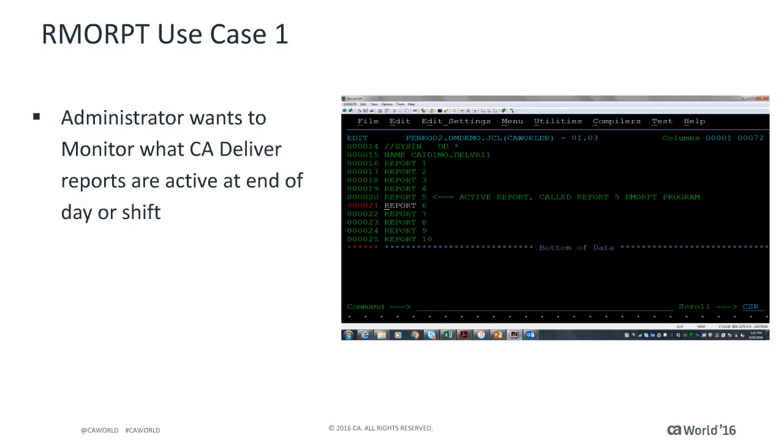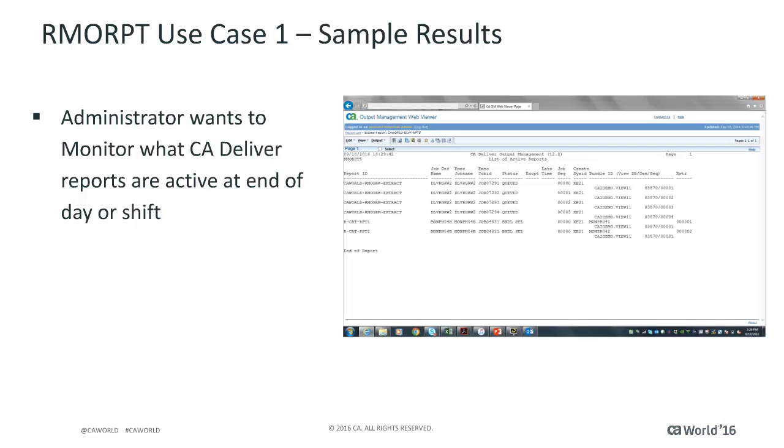So the morning shift or the night shift, what reports were in process or got completed, and they dump that out into CA View for online viewing. As you can see, they ran this job and they produced a report, and the administrator stored that report out on CA View for future reference. Real simple, real easy to use. This is an administrator tool, but they converted it to create a report.